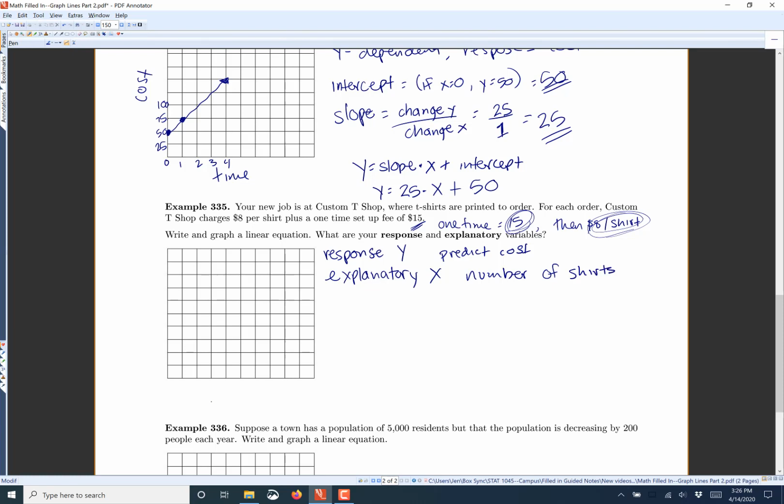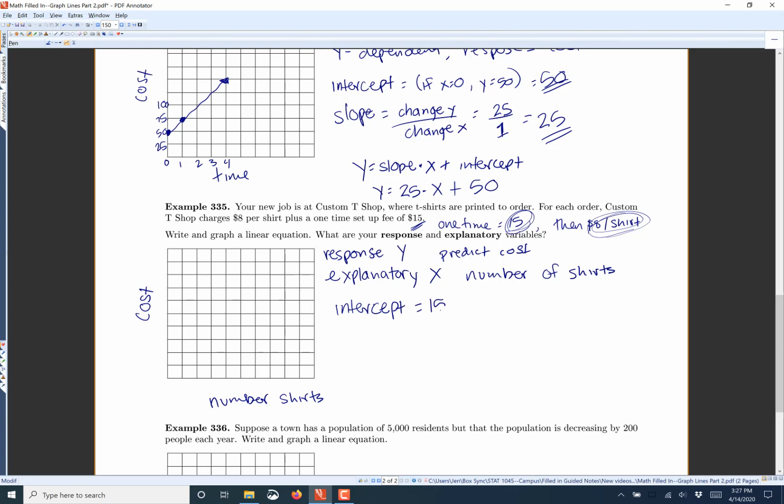So over here, we'll put number of shirts. And on the y-axis, we'll put the cost. Let's find our intercept. The intercept is if X is 0, Y is what? So before I even buy any shirts, I have to pay that one-time fee.